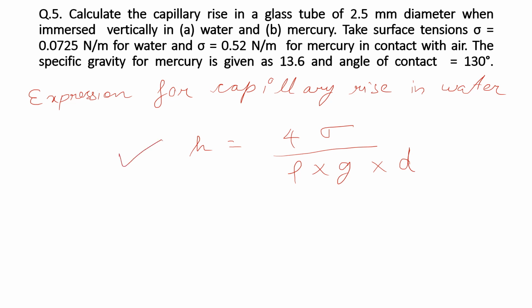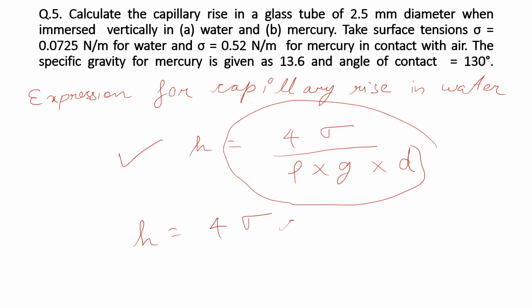Generally we know that the value of angle theta between water and the clean glass tube is approximately equal to 0. So here cos theta is equal to unity. The rise in a capillary tube is given by this formula, but there is a general formula which we write as 4 sigma cos theta, that is the angle between glass and water, divided by rho g into d.